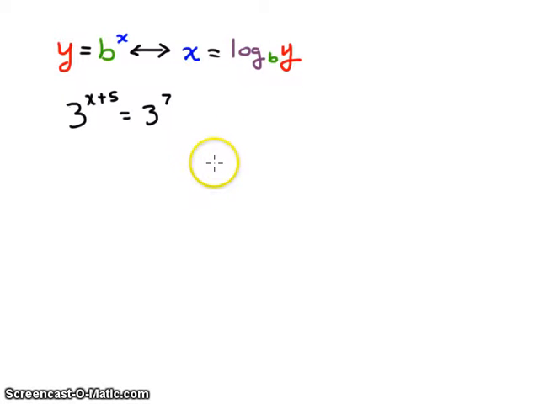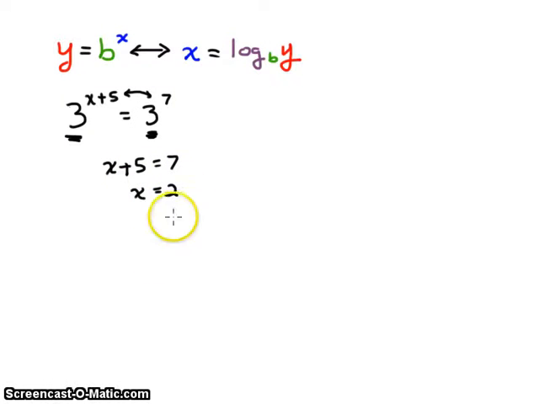Well, we could go through a lengthy process here, which will be similar to what we'll look at towards the end of the video, but what I want to show you here is the easy way to do this one is to recognize that we have the same base. And so if 3 to some power is equal to 3 to some other power, then obviously those two powers have to be equal to each other. And so this is just a matter of setting the exponents equal to each other. And in this case we see x is equal to 2.